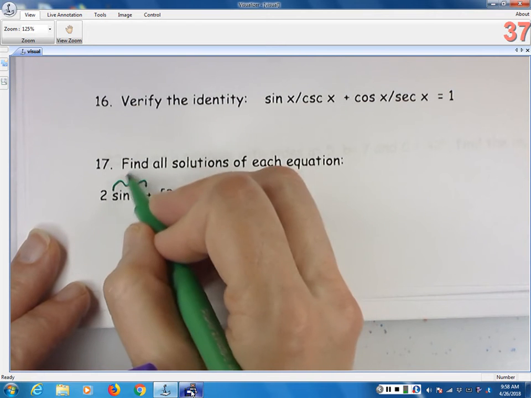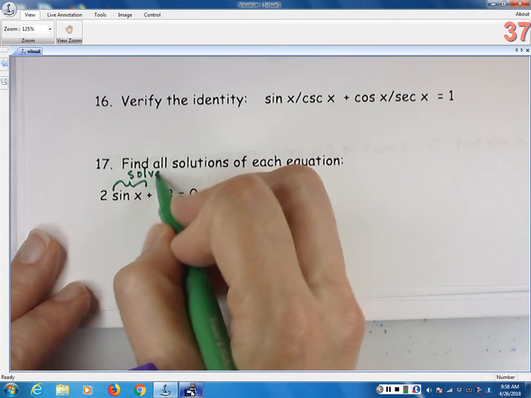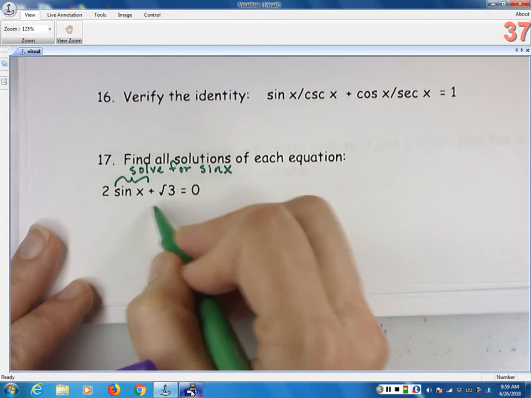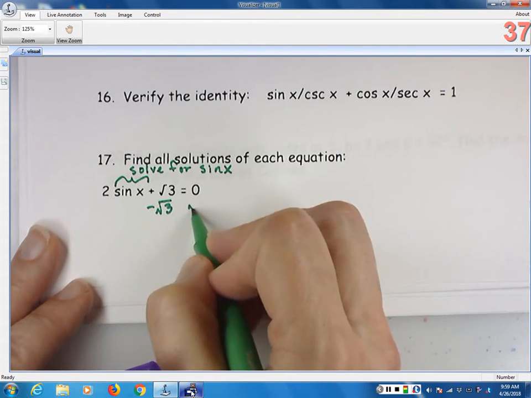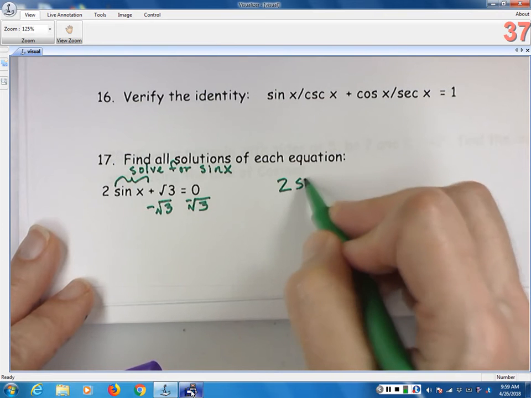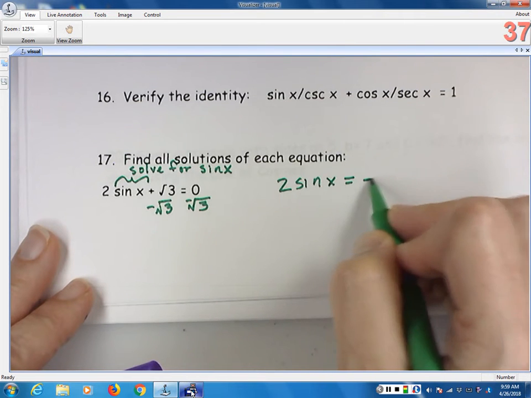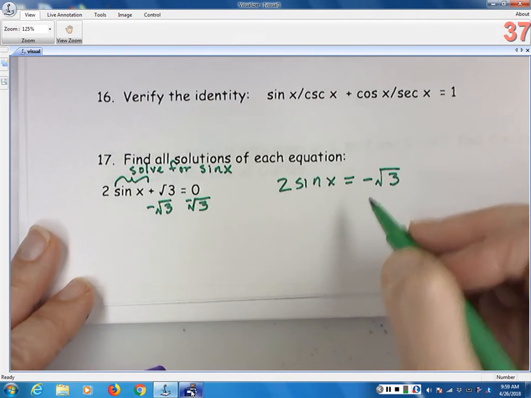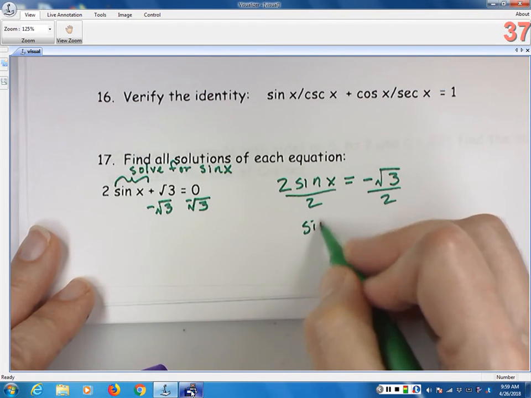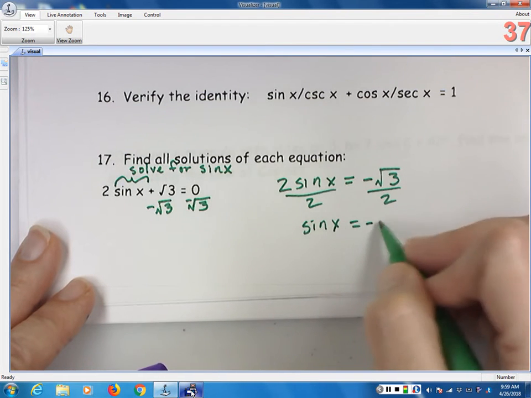We just have to solve for sine. So we just subtract the square root of 3 from both sides. So then we get 2 sine x equals minus square root of 3. Divide by 2. Sine x equals minus square root of 3 over 2.